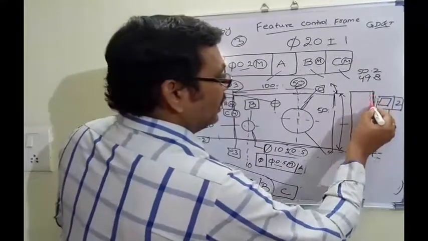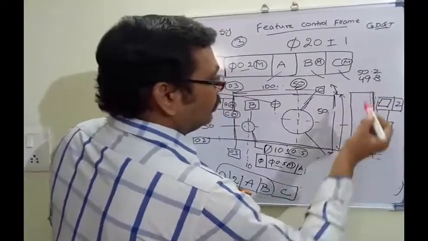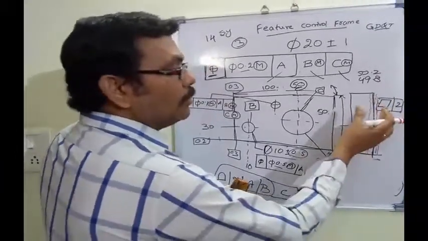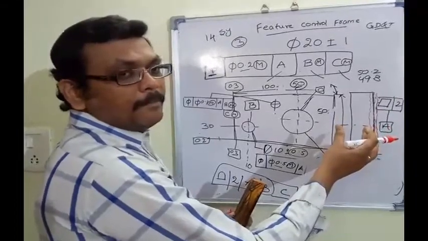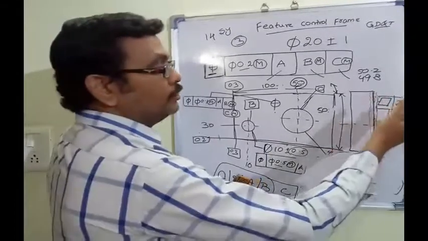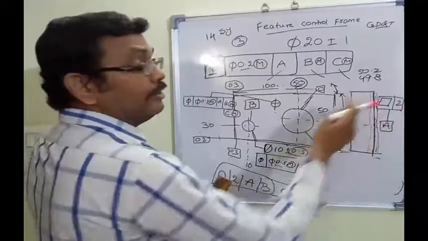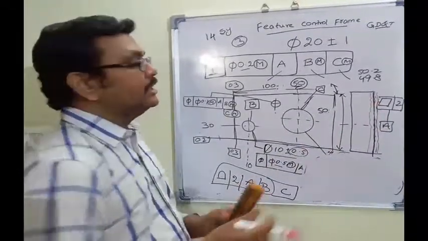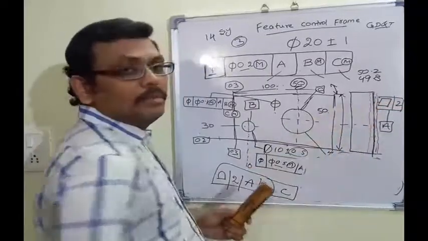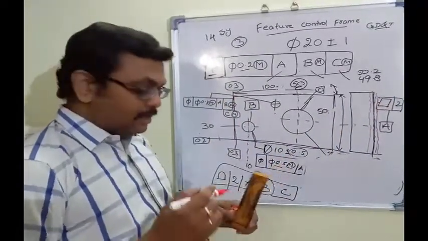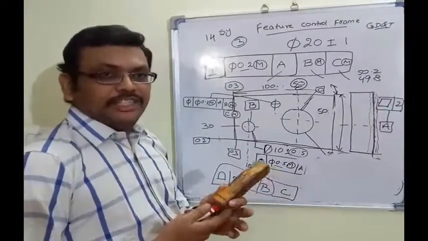This surface, mating surface, can go like this, can go like this up to 2 mm, +1, -1. Right? This is about the flatness. Similarly, we can use parallelism, perpendicularity, angularity. So depending upon the application.